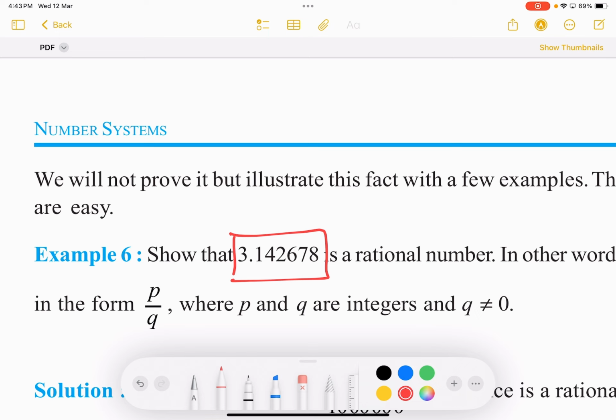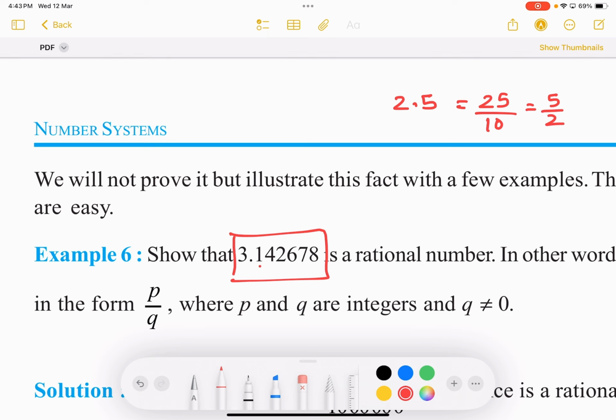How will you represent 2.5 in the P by Q form? You will directly write it as 25 by 10. That is nothing but 5 by 2, and 5 by 2 is 2.5, right?